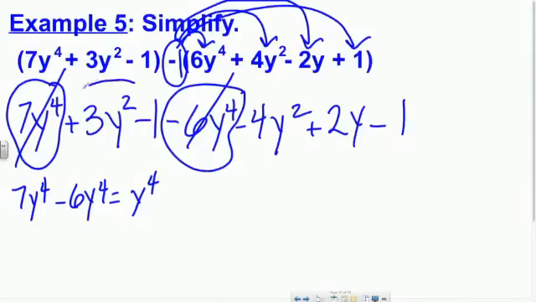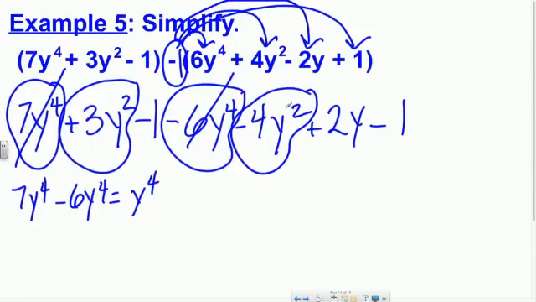So I have a 3y squared right here, and a negative 4y squared there. So let's combine those. 3y squared minus 4y squared, that's negative 1y squared.